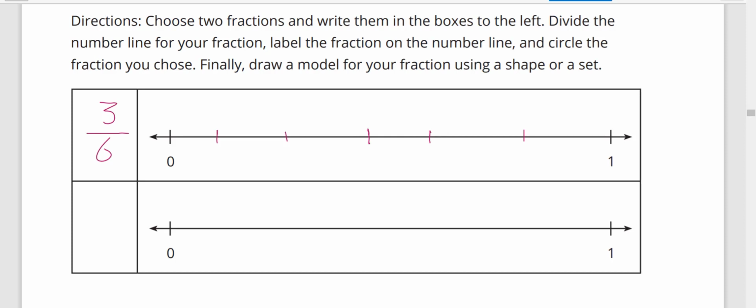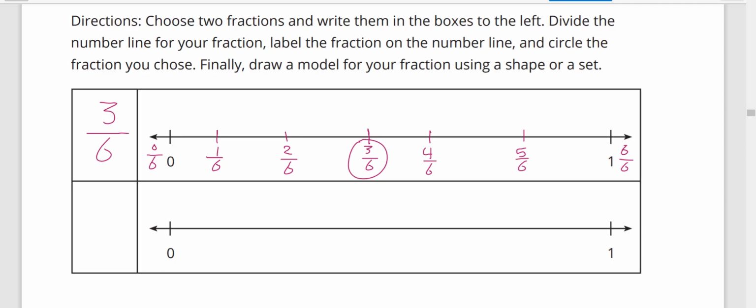And write the proper fractions: 0/6, 1/6, 2/6, 3/6, 4/6, 5/6, 6/6. Okay? And circle the fraction 3/6 like this.